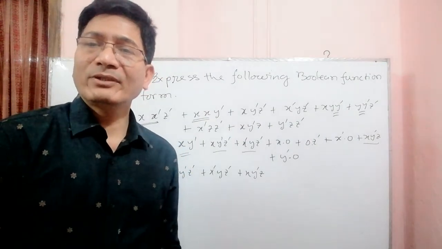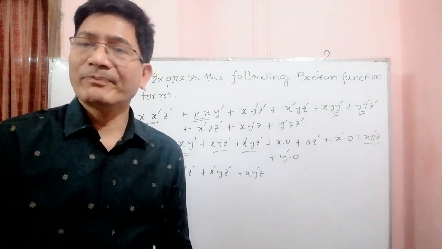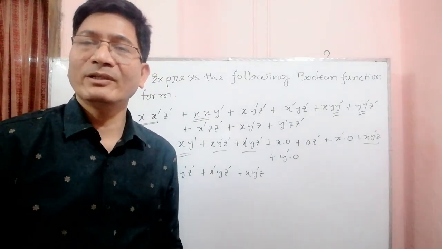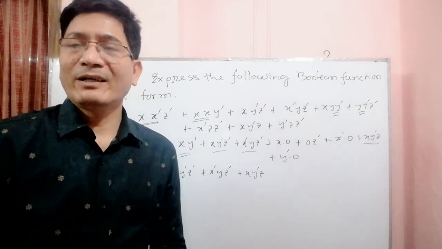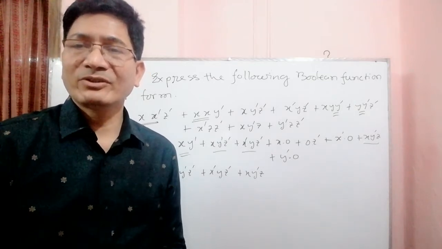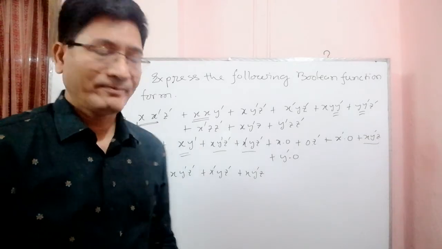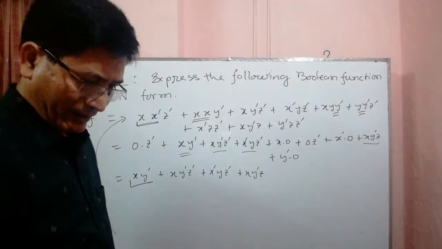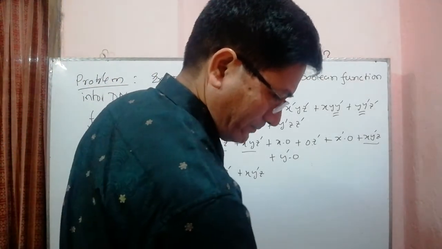That's why we will multiply that term by 1, and in later steps we will use the join of z and z prime instead of 1.